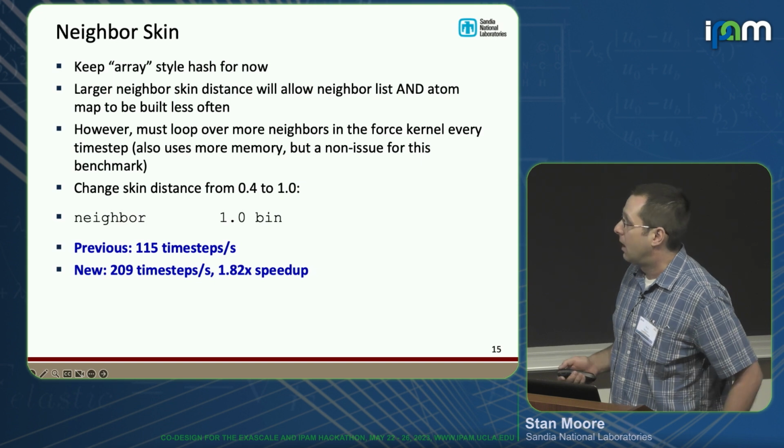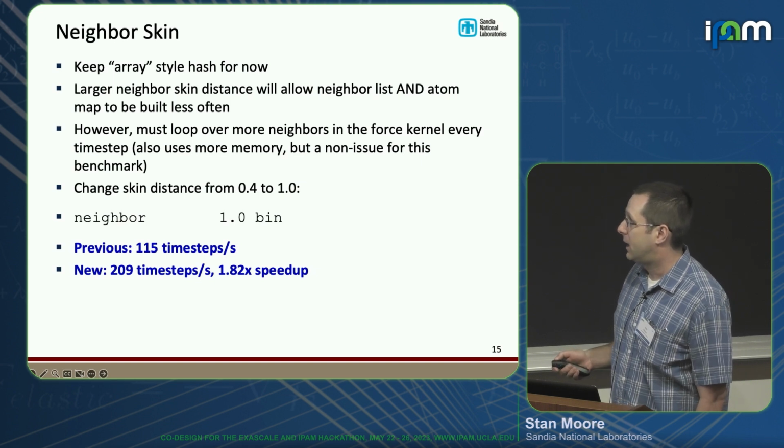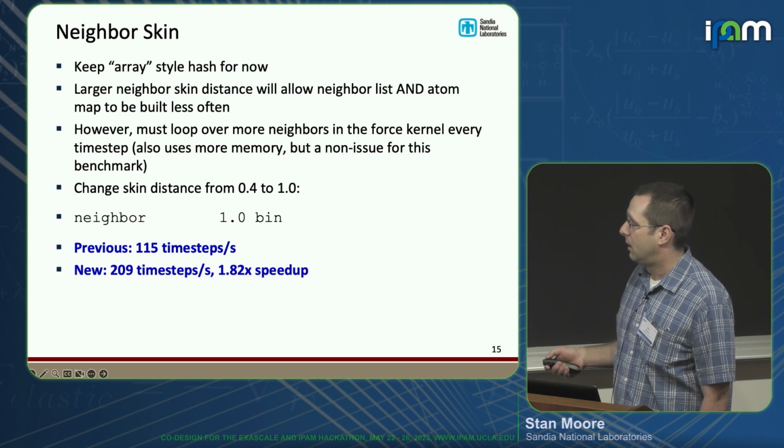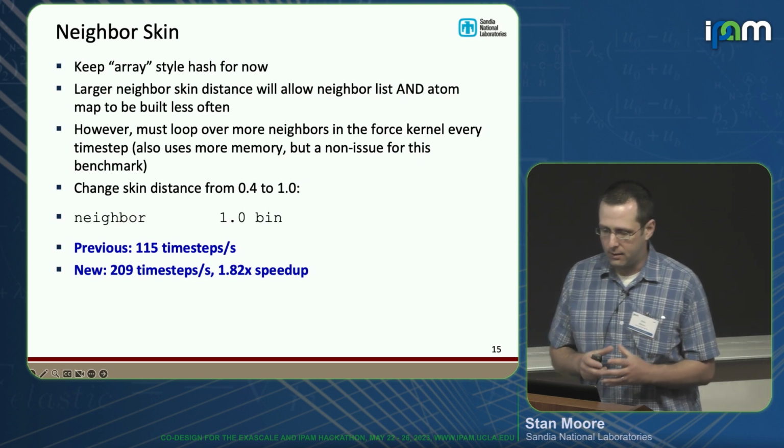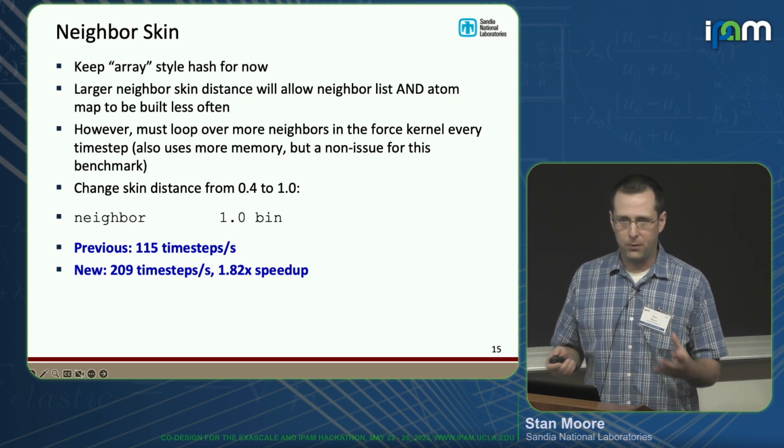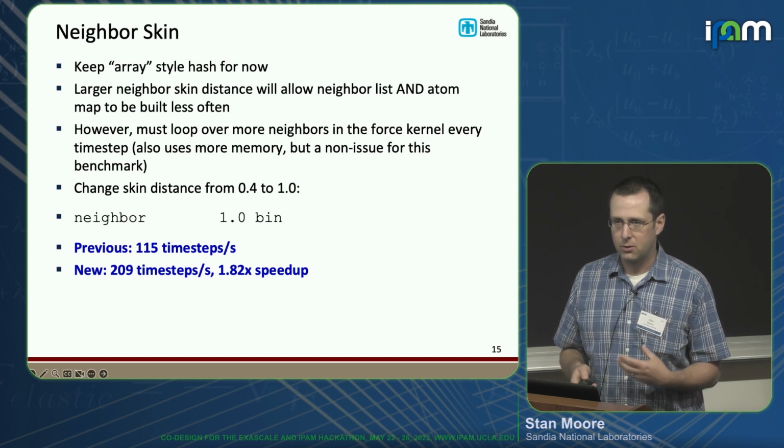And so we can optimize this parameter. So we're going to keep this array style for now, but increase the neighbor skin distance. And this will, like I said, allow us to build the neighbor list and the atom map less often. However, if we increase the skin distance, then every time we compute the force, we have to loop over more atoms. So there's a trade-off.